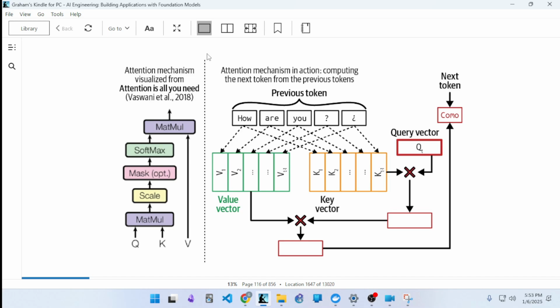But anyway, remember we talked about the query, the key, and the value vector. The query is the one that's a bit unusual. It's like the person trying to make a summary. It's not the summary itself, but the person trying to make the summary. The key is like the page number, and the value is like what's on the page.